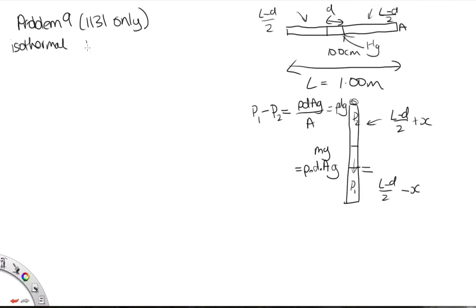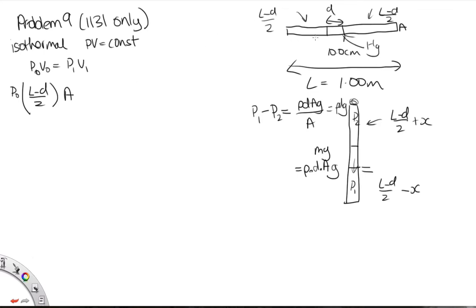For an isothermal process, we know that PV is constant. So P0 V0 is equal to P1 V1. Let's consider this one here. Initially it's at P0, which is atmospheric pressure, and it's got volume V0, so P0 and V0 is (L - D)/2 times the surface area.